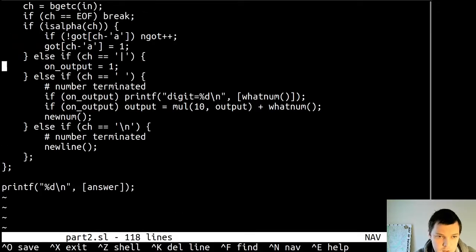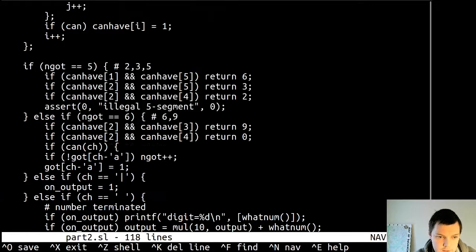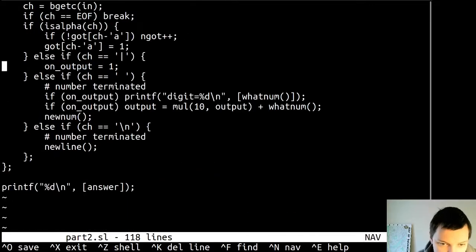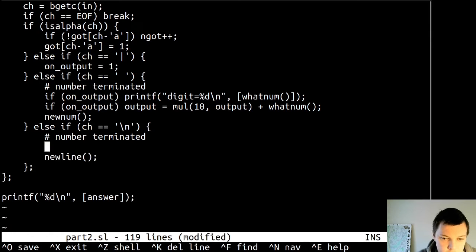So when we read a space, we also need to do... why is it dropping the final digit? Oh, because on new line we need to do that as well. Well, we know we're on output on new line.